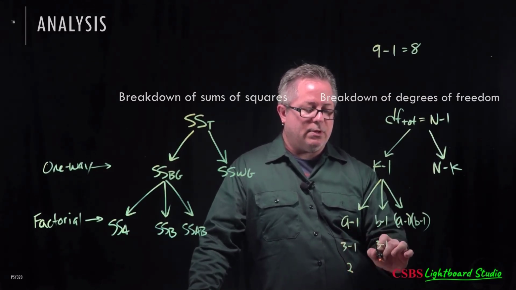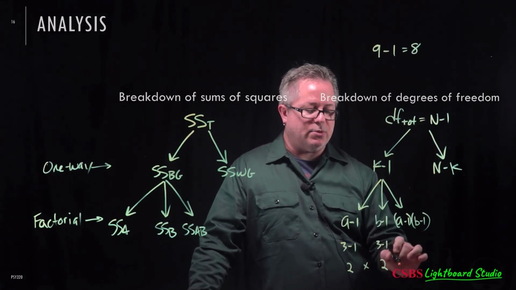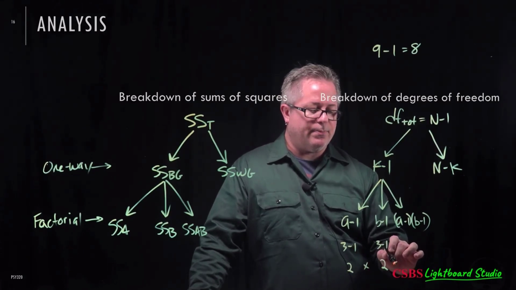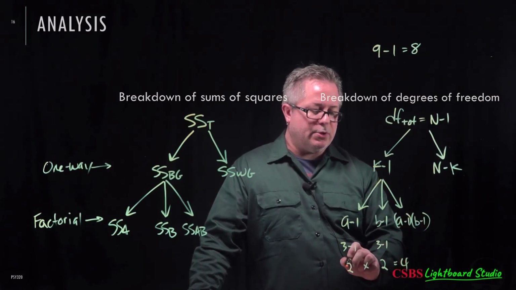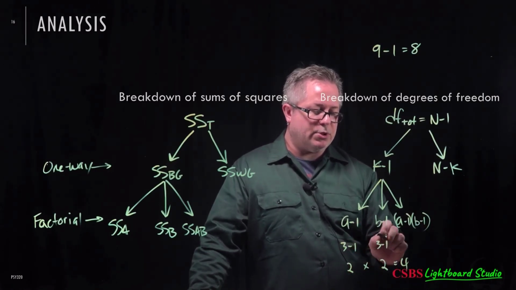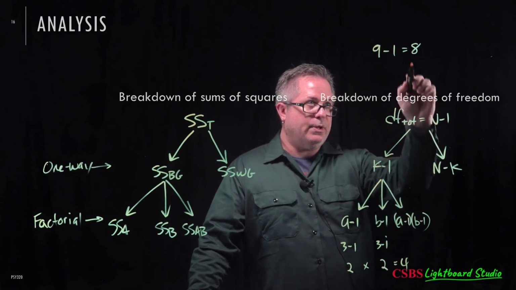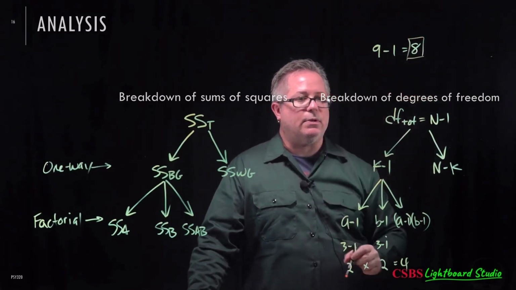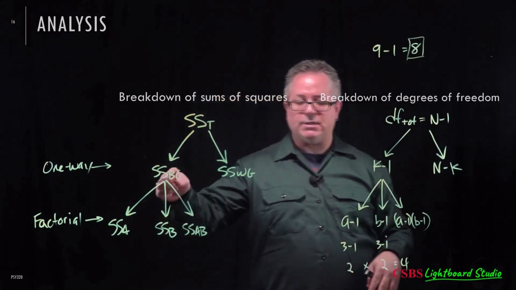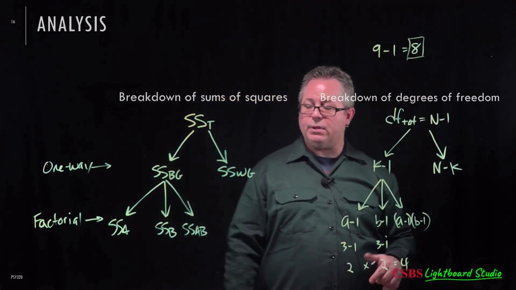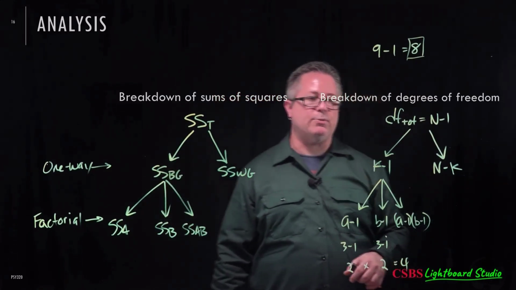B is 3 minus 1, which is 2. 2 times 2 is 4 for the interaction. So 2 plus 2 plus 4 equals that same 8. The degrees of freedom we had if we treat it as a one-way are just being split up the same way that the between-group sums of squares are being split up.